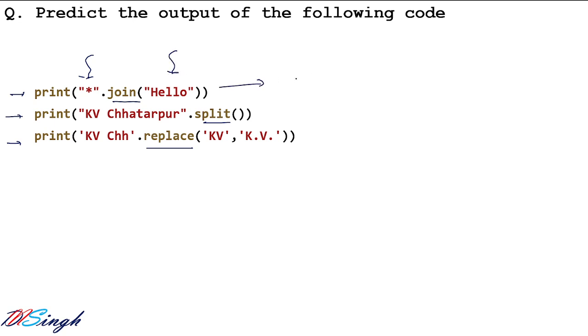So what will be the output? H star E star L star L star, there is no space, and then O star. So this is what you are going to get in the output.